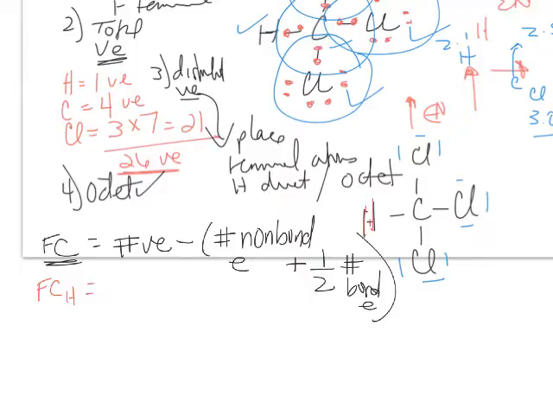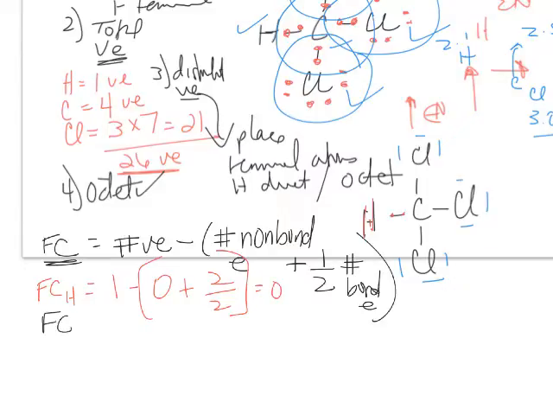Hydrogen has 1 valence electron minus 0 non-bonding electrons plus 1/2 of the bonding electrons, you have 1, 2. So 2 divided by 2. So the formal charge would be 0, because 1 minus 1.